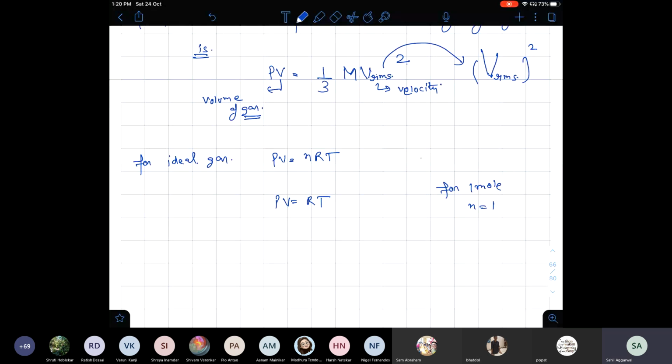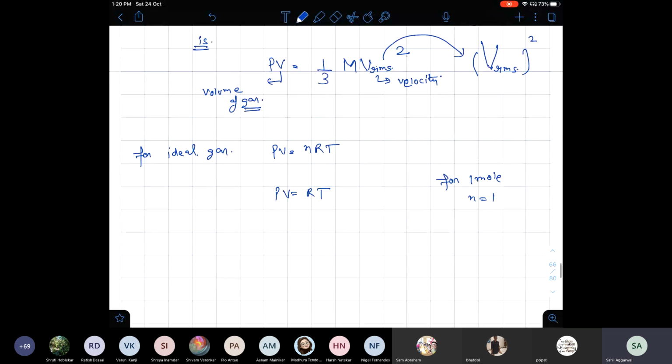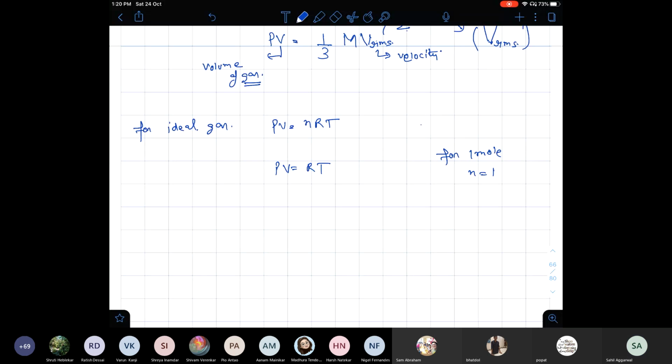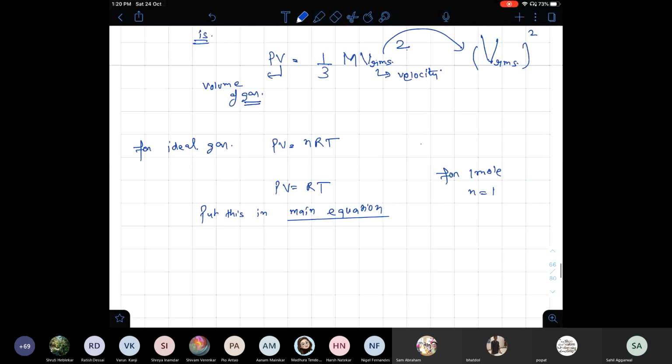So for 1 mole n will be equal to 1. Put this in the main equation. Then what happens? RT is equal to 1/3 into m V RMS whole square.